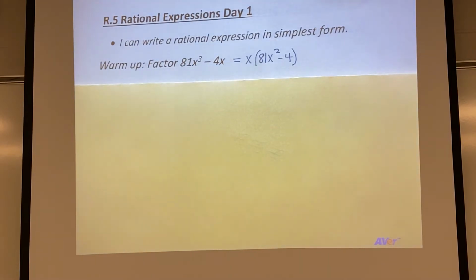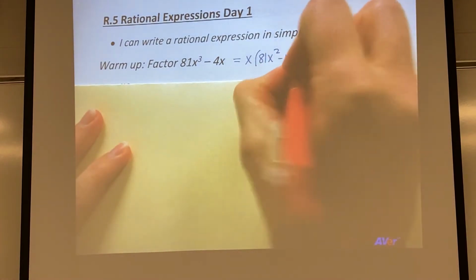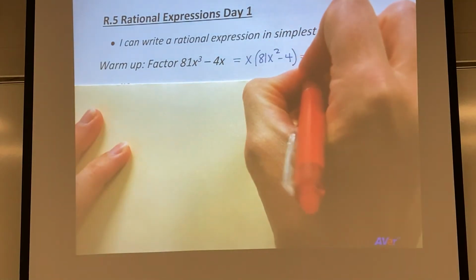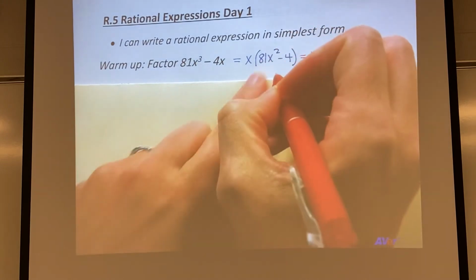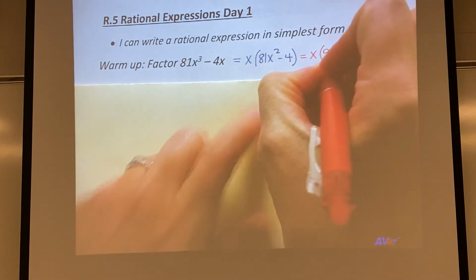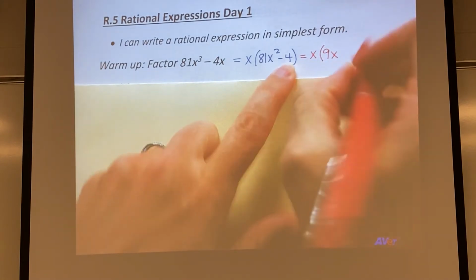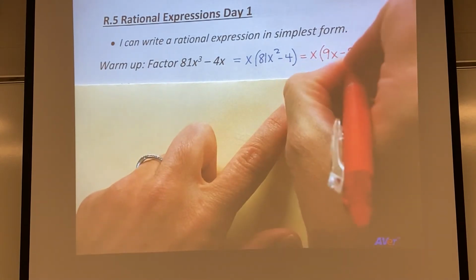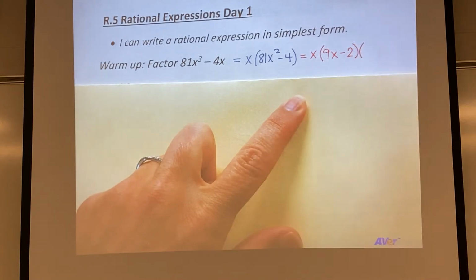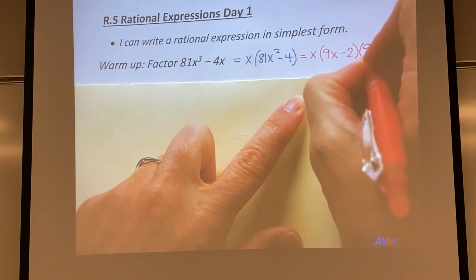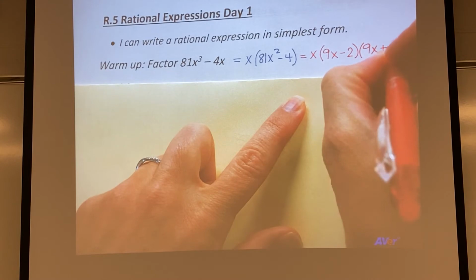So we can take the square root. The x that we took out originally still stays on the outside. Square root of 81 is 9. Square root of x squared is x. And then square root of 4 is 2. So we have 9x minus 2. And if you remember the pattern, we would also have that multiplied times 9x plus 2.